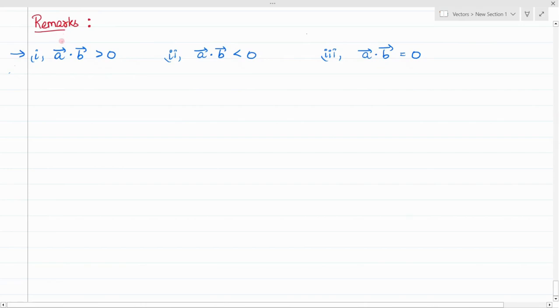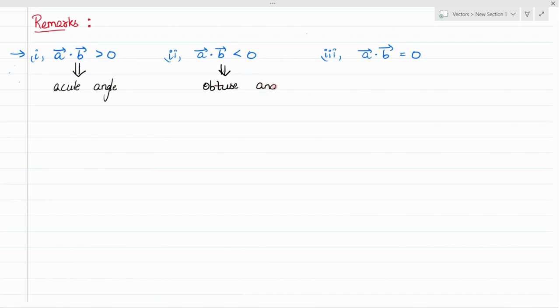Now let's see a few remarks over here. First is, when a dot b is greater than 0, as cos theta is positive, the angle will be an acute angle. Here, a dot b is less than 0, which is nothing but cos theta is negative, so the angle will be an obtuse angle.